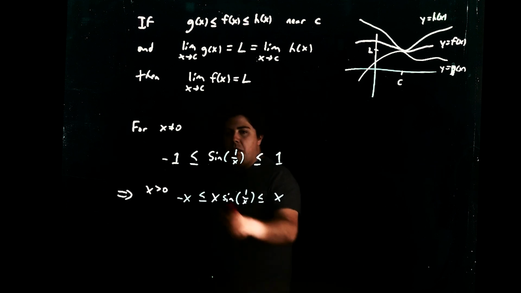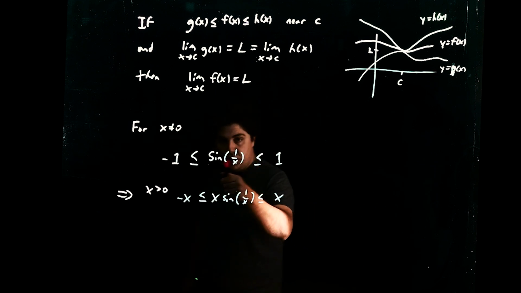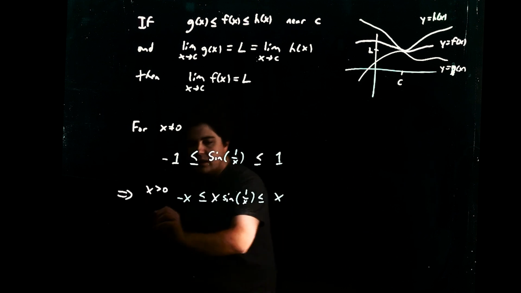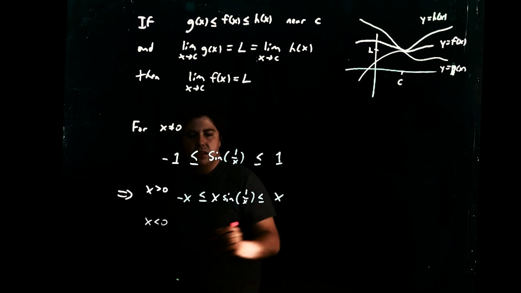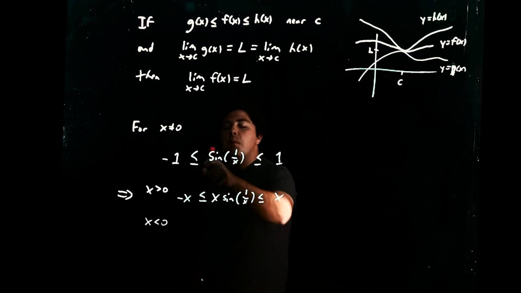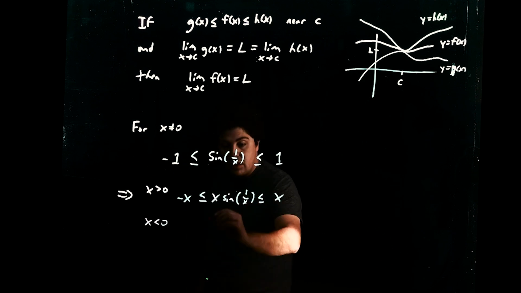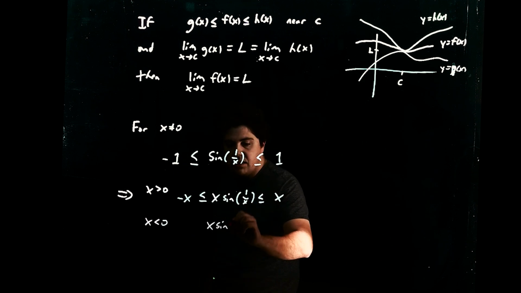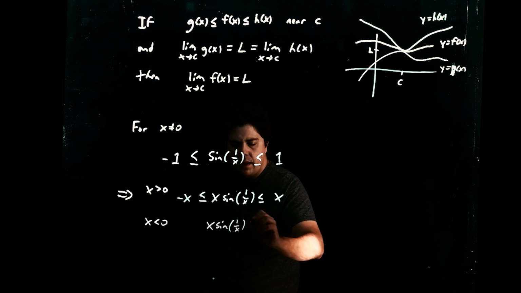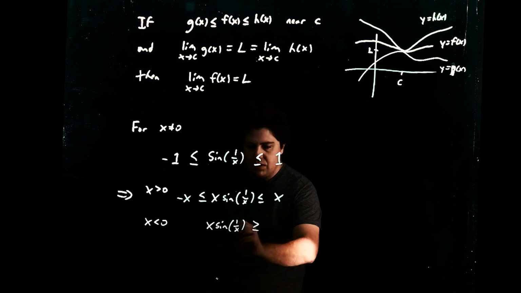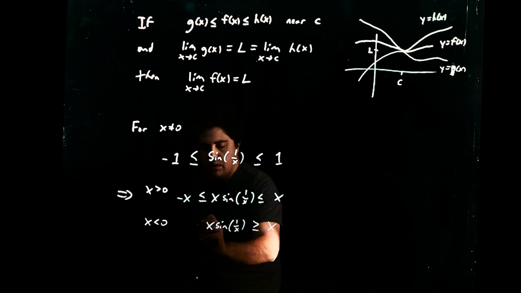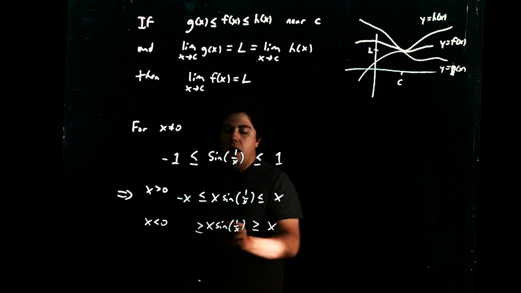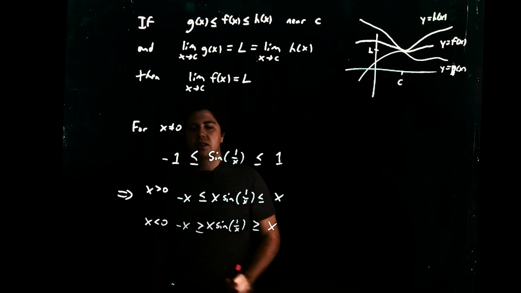We get that just by taking this chain of inequalities and multiplying it by x. For x less than 0, when we multiply by x, we have to switch the directions of the inequalities since we're multiplying by a negative number. And we get that this thing is greater than or equal to this and is less than or equal to minus x.